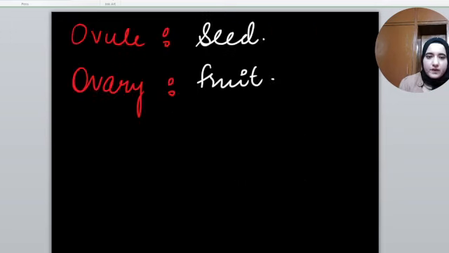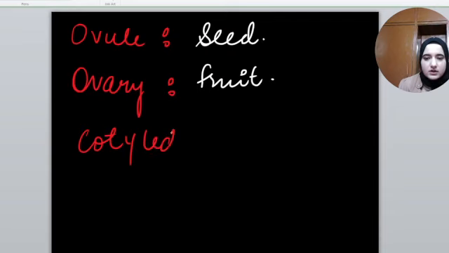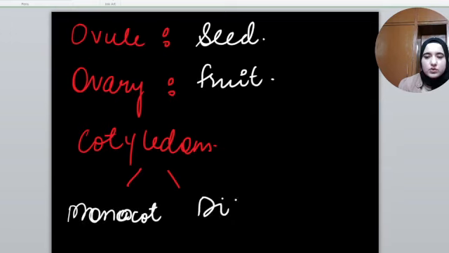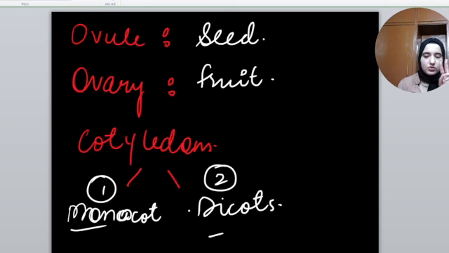Moreover, we have cotyledons in seeds, right? As I already mentioned, there may be a single cotyledon present, known as monocots, and there may be two cotyledons present, known as dicots. Mono means single cotyledon, dicots means two cotyledons.